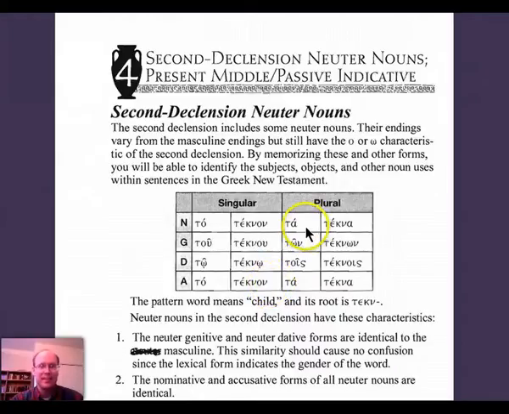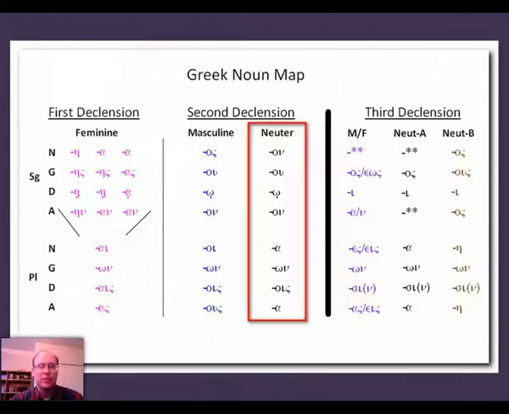In the plural, ta tekna, the children, ton teknon, of the children, tois teknois, to or for the children, ta tekna, again the children. So the endings, which we saw in the previous slide, are -on, -ou, -o, -on, -a, -on, -ois, -a.